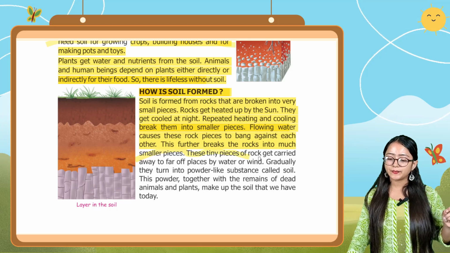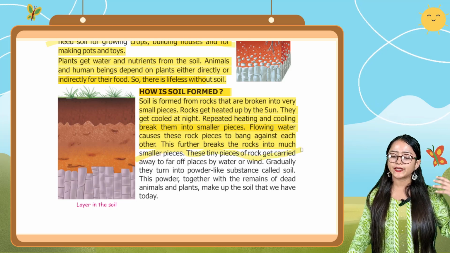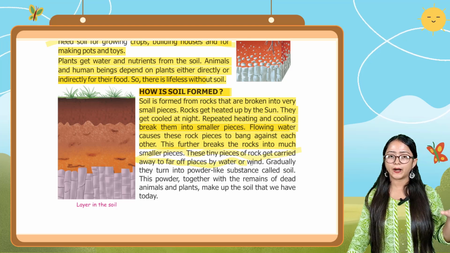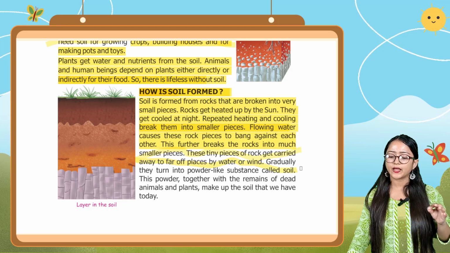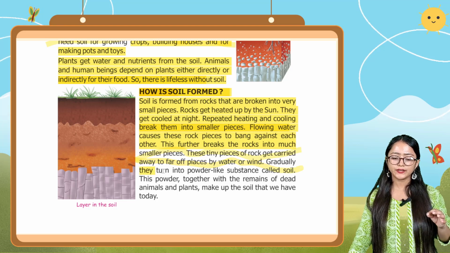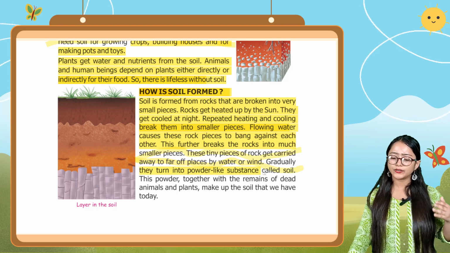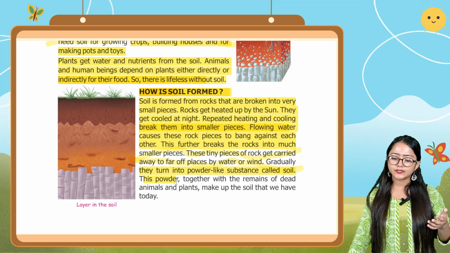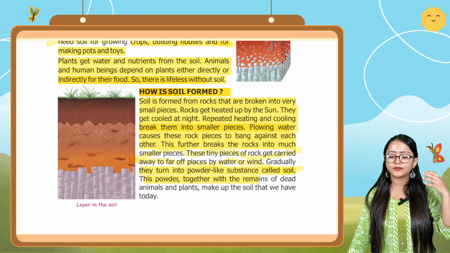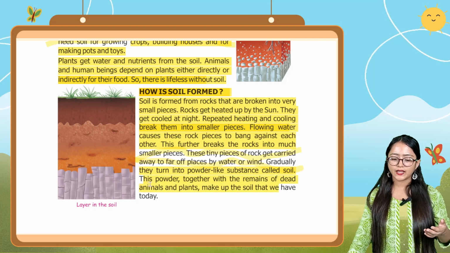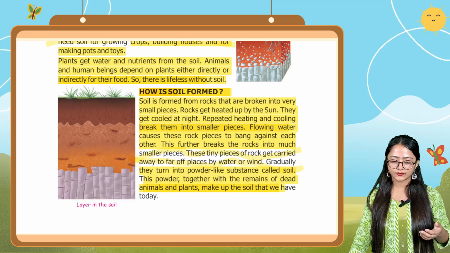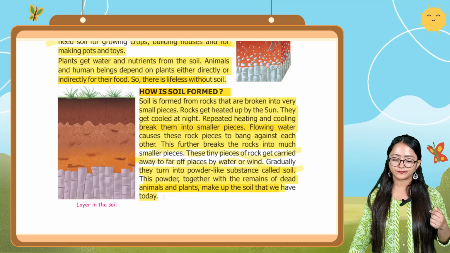These tiny pieces of rock get carried away to far off places by water or wind. Gradually, they turn into a powder-like substance called soil. This powder, together with the remains of dead animals and plants, makes up the soil that we have today.